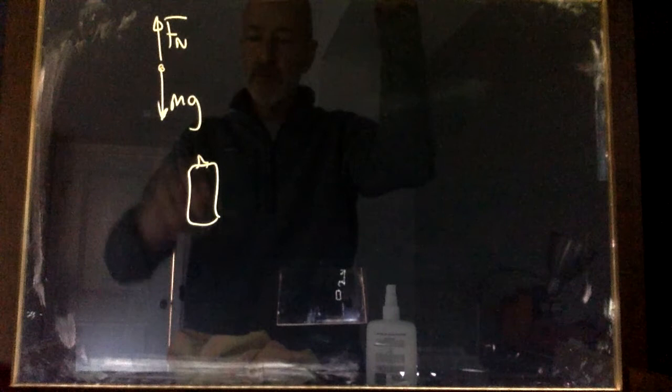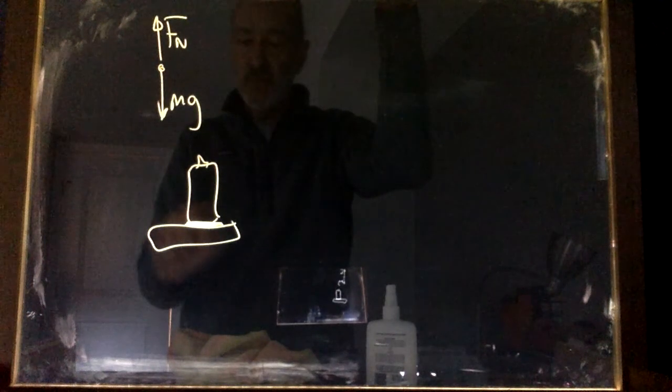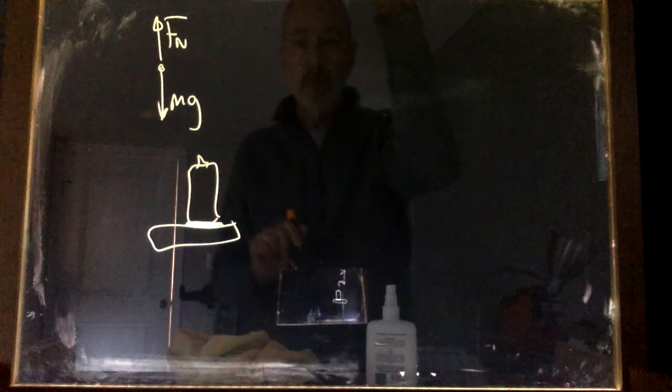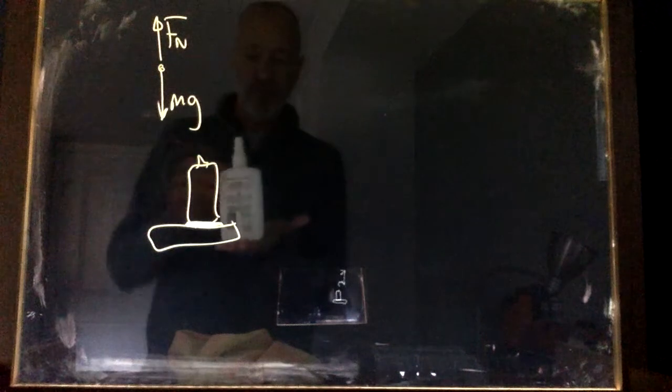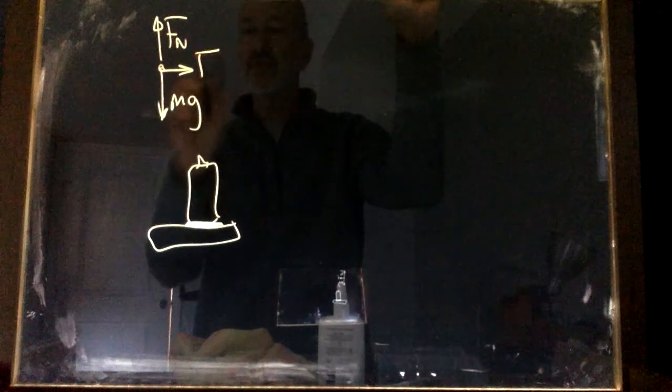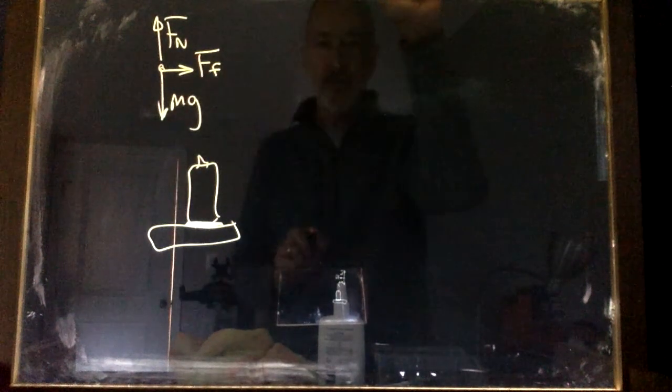If we do a free body diagram for that object, I've got mg for the bottle, and I've got the normal force of my hand on the bottle, and again, here's the bottle, there's my hand. We go around: surface force, normal force, and friction. Well, if you think of it, friction was what moved it there. Friction moved it in that direction, so you can assume that the force of friction was in that direction.